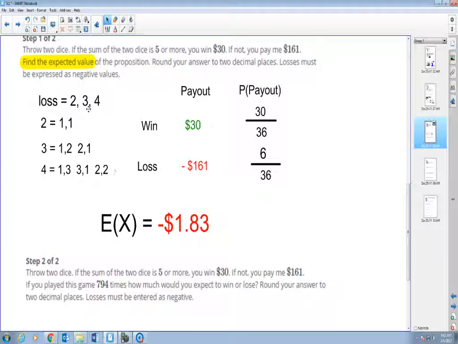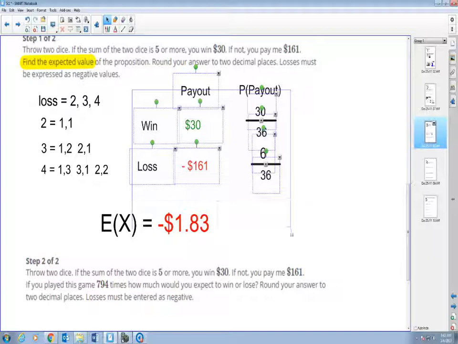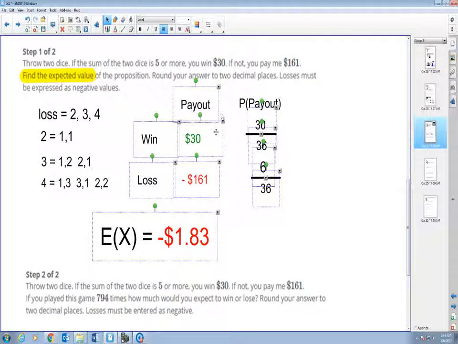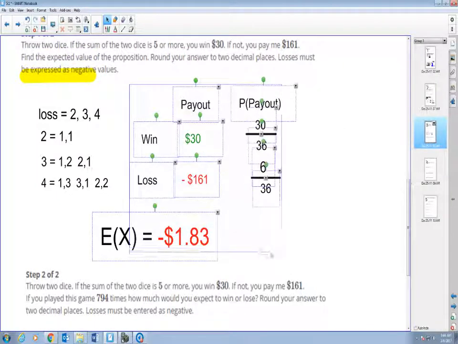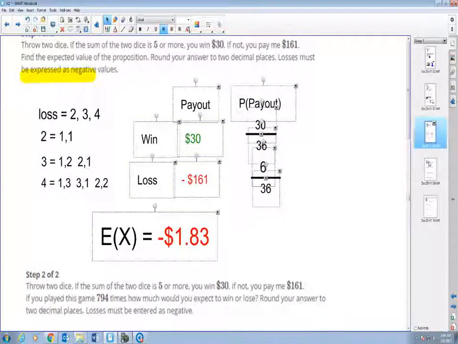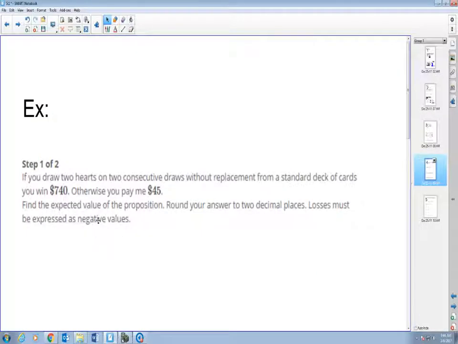Let's try another example, okay? Let's try another one. Alright, so let's say if you draw 2 hearts on 2 consecutive draws without replacement from a standard deck of cards, you win 740.